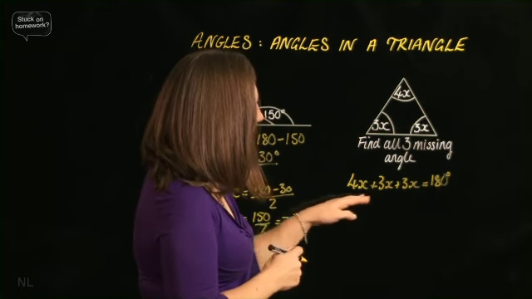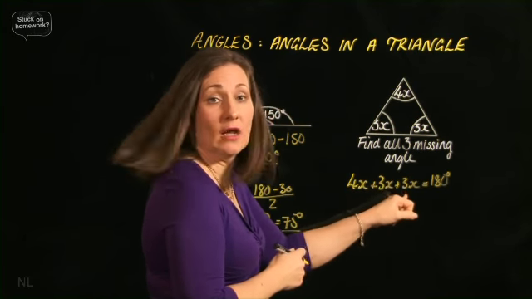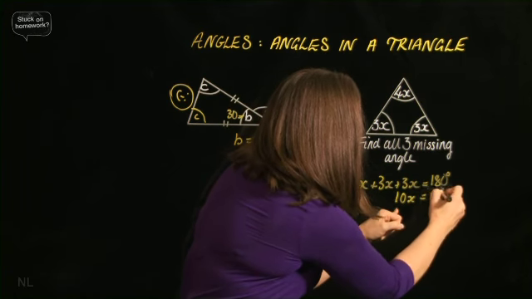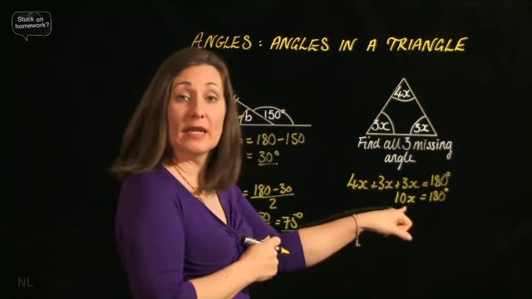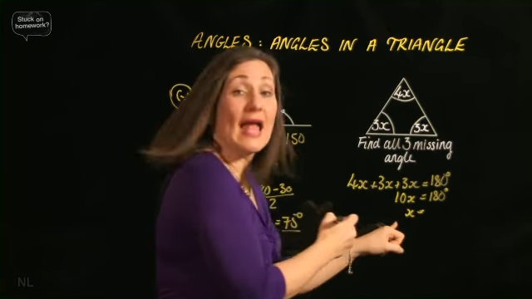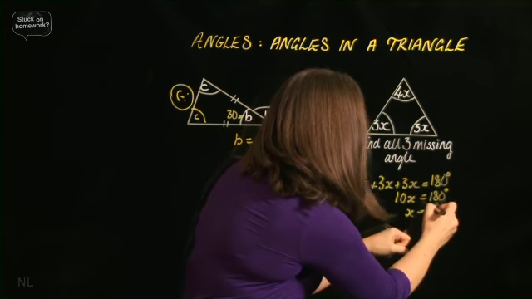So what have I got? Gather together and tidy up. 4, 5, 6, 7, 8, 9, 10. 10x is 180 degrees. If I divide by 10 to go from 10x down to 1x, that is 18 degrees, because 180 divided by 10 is 18 degrees.